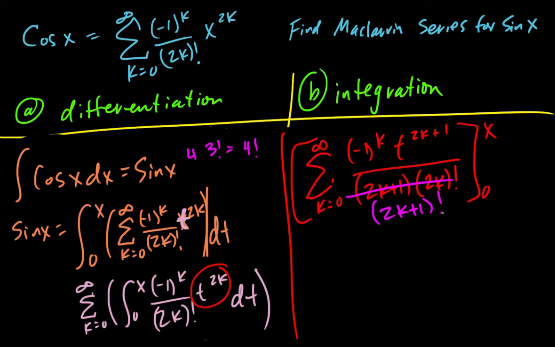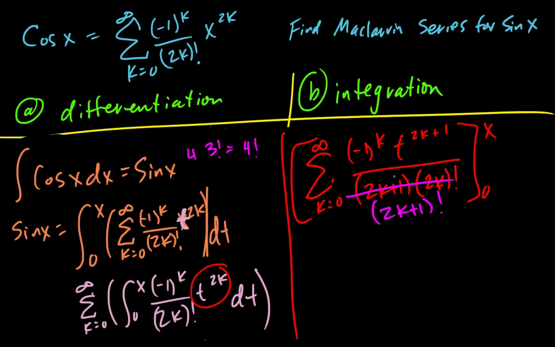Okay. And then if we plug in, I'm going to look at plugging in 0 for the t. If we plug in the 0 for t, everything goes to 0. So remember, the algorithm is plug in the x minus plugging in the 0.